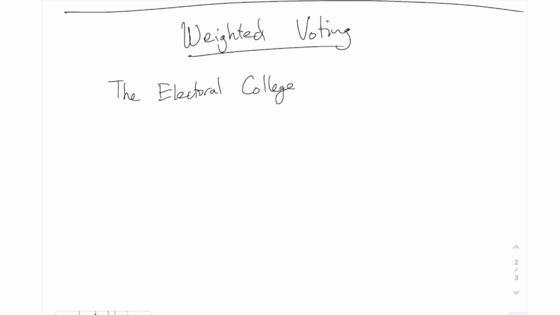We know that Trump and also George W. Bush both got fewer votes overall than their opponents did, but they became president because the Electoral College picked them. So right now in our current political system, the Republicans are benefiting from the Electoral College and the Democrats are hurt by it.